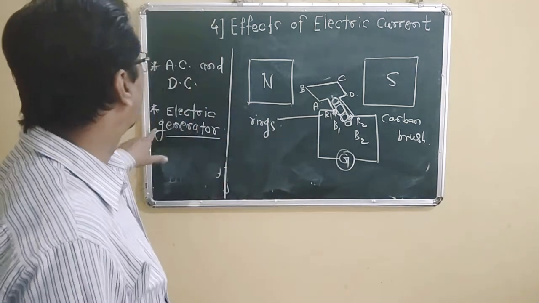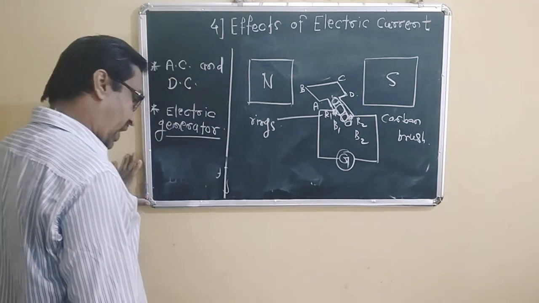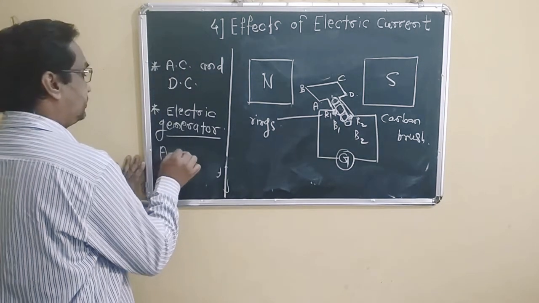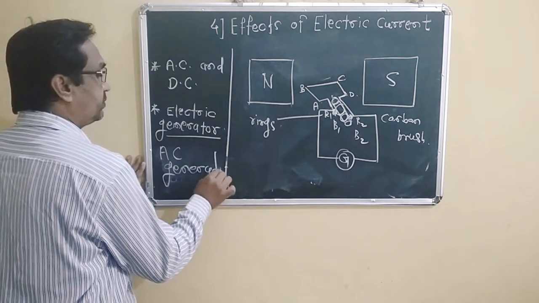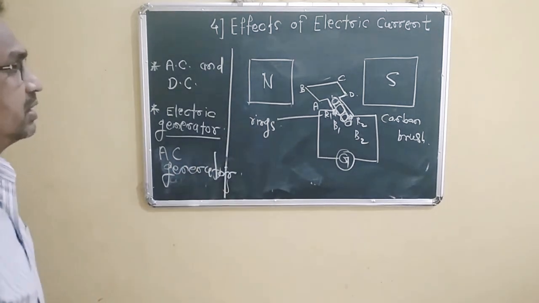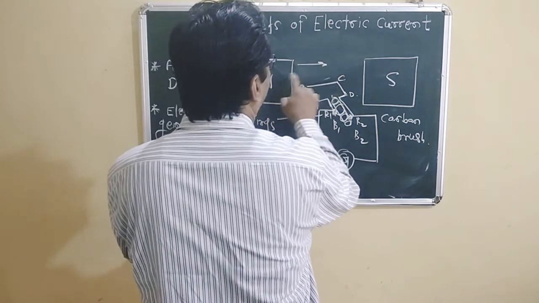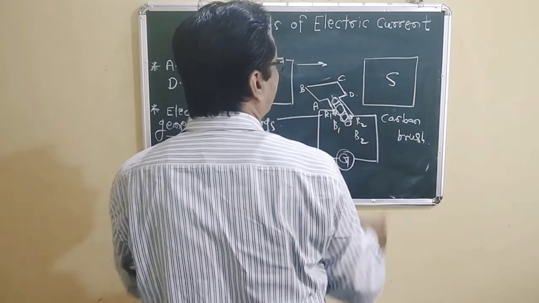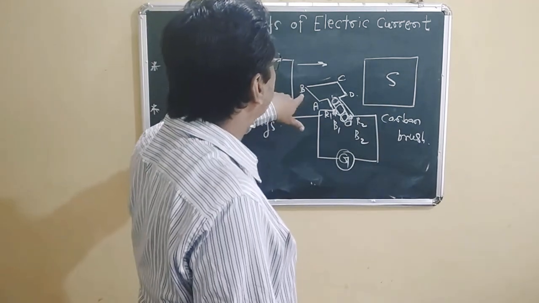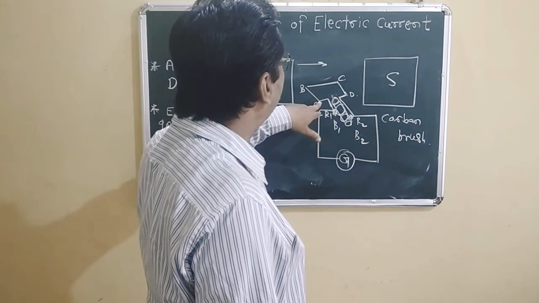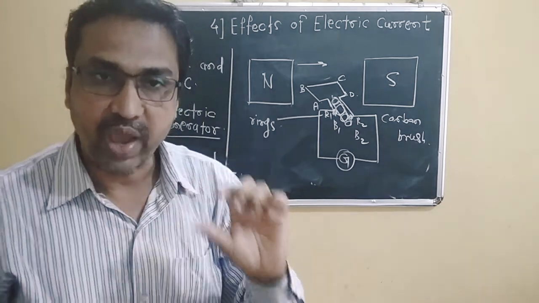It is an electric generator, also called an AC generator. This is the alternating current generator. A strong magnetic field is there. The direction of the magnetic field is like this. The frame ABCD is of copper wire.